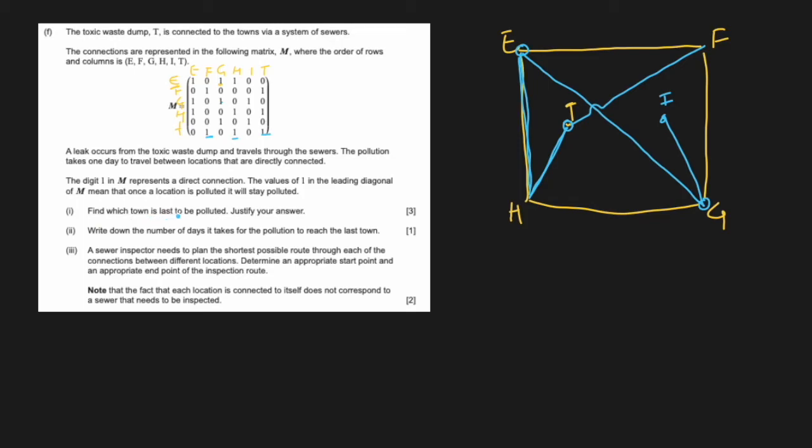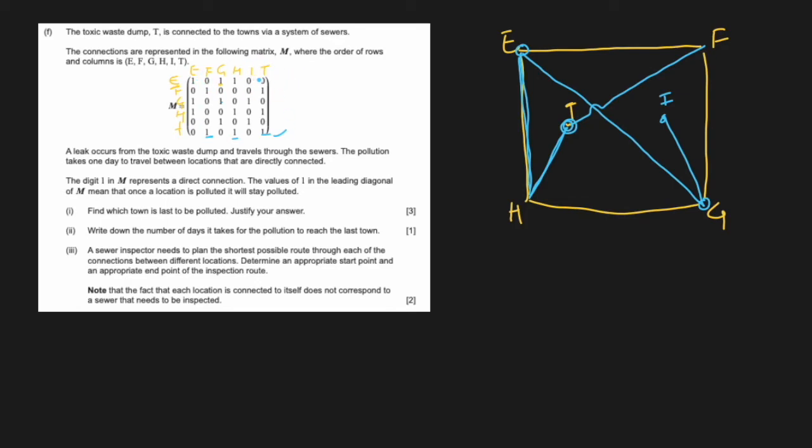Find which town is last to be polluted. So if we can see from here, T, the pollution will keep on going. One in the diagonal shows how many days it will take to reach the next one. So it is 1 day.